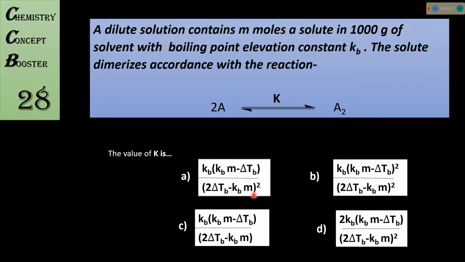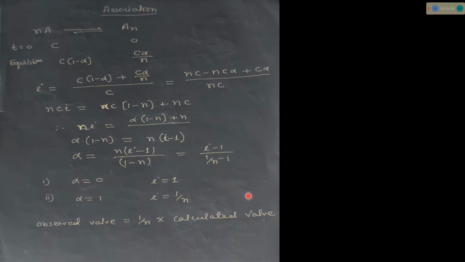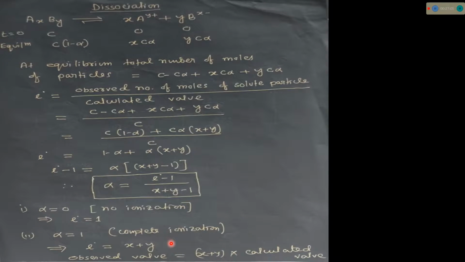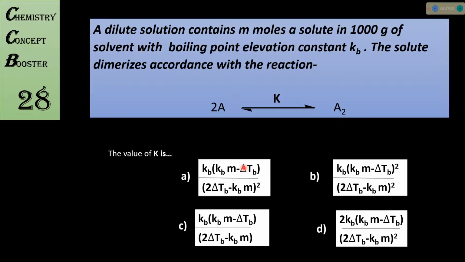Now in the numerator, see, kb into m minus del Tb. In this case, 2 kb into m minus del Tb. So option A is correct.